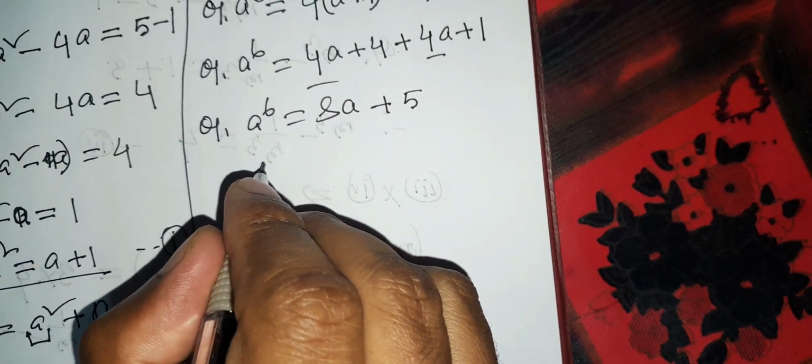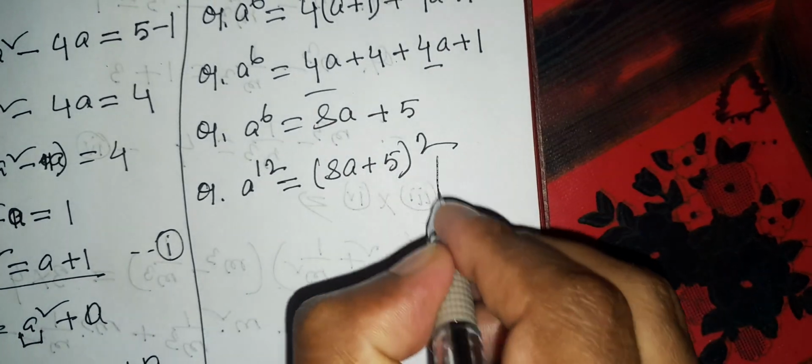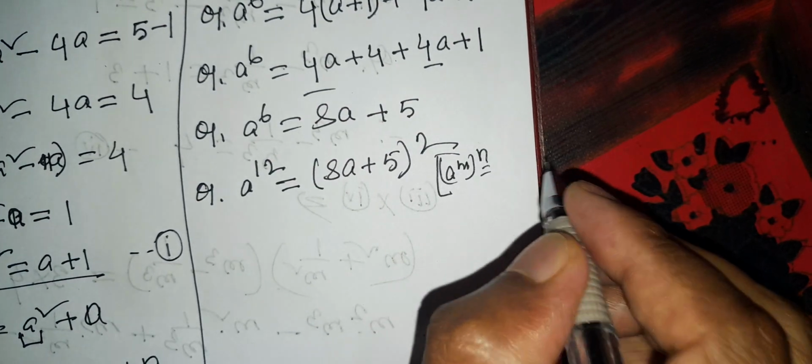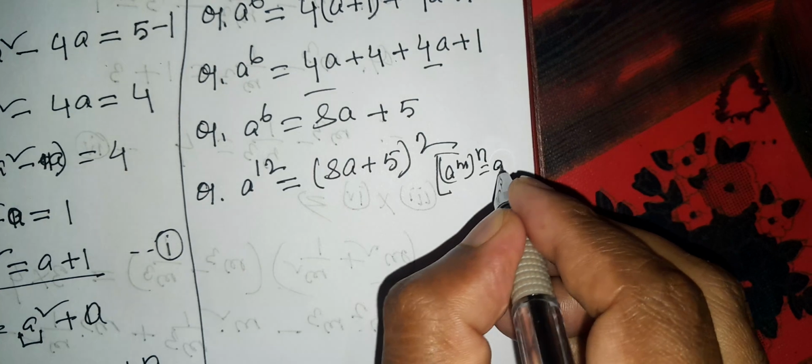Now we square both sides, and we can write a to the power 12 is equal to (8a plus 5) all square, because (a to the power m) to the power n is equal to a to the power mn.